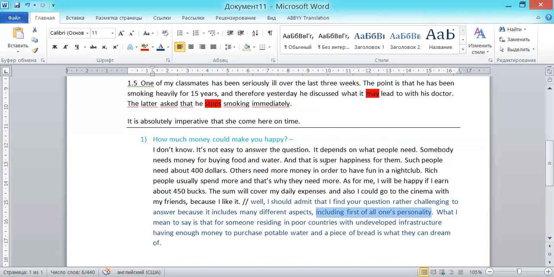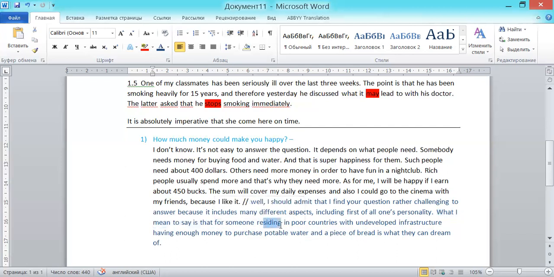It's not stated in this version. And what is good about this sentence is that we go into detail, we underline what exactly we believe is difficult about it. So the second sentence starts from another little phrase. What I mean to say is that, another good expression which you should coin into your thesaurus, for someone residing.